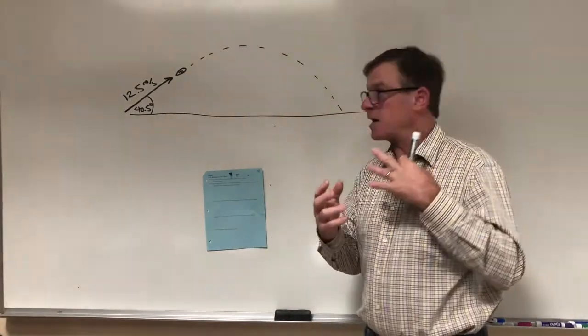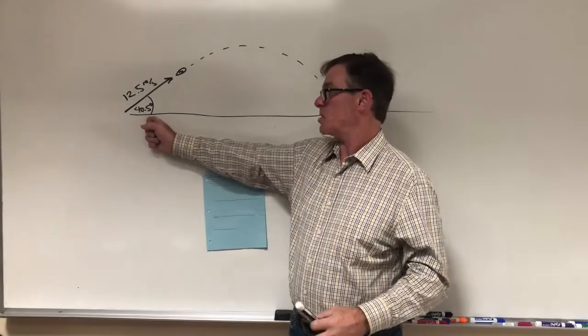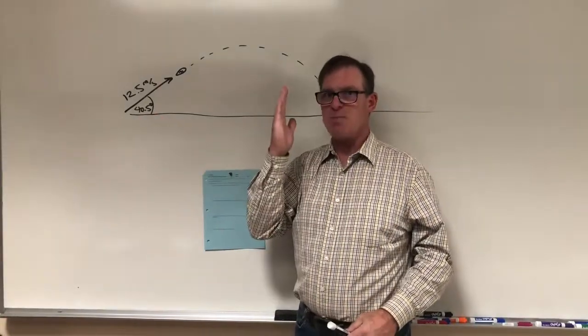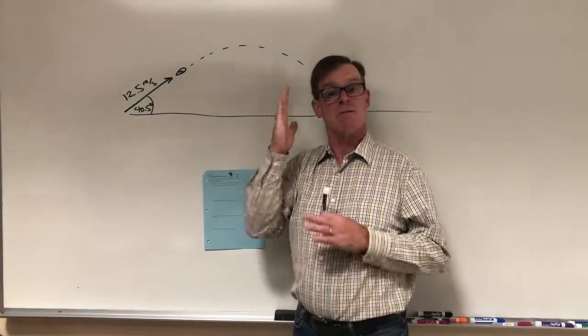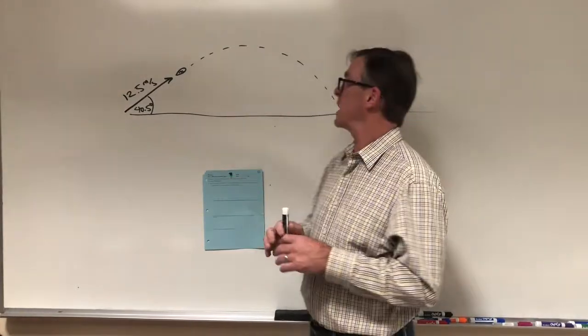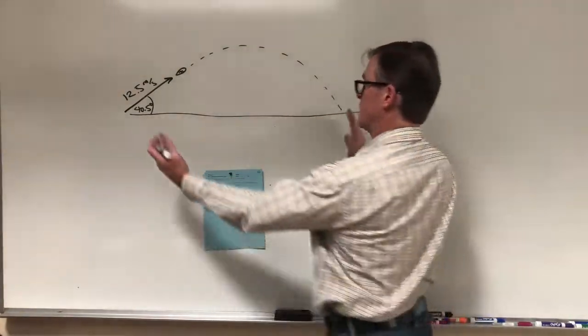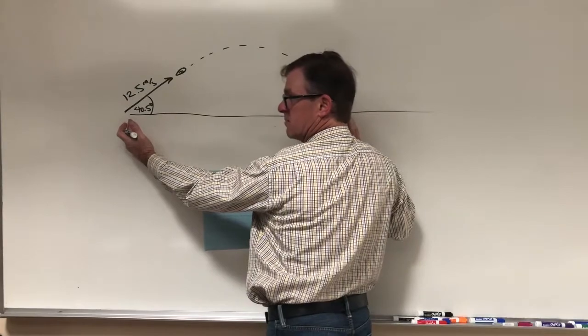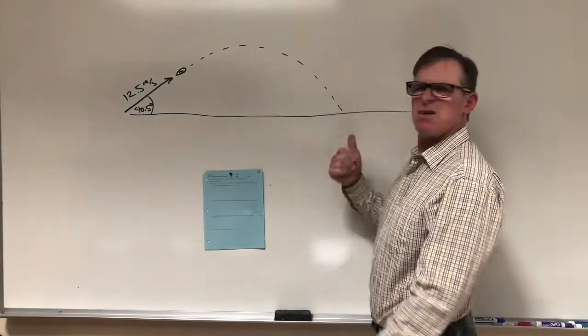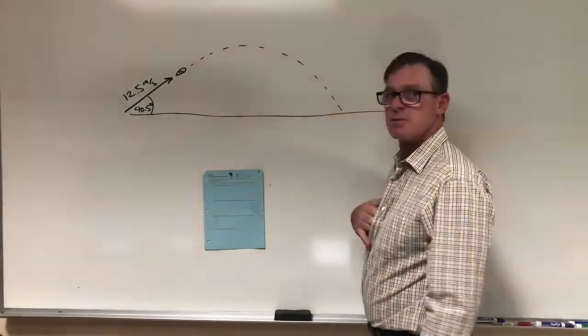And then we're going to apply constant velocity equations to the horizontal part and accelerated motion equations to the vertical part to find out things like how high it went, its maximum range, the x displacement, the time in the air, and variables like that.